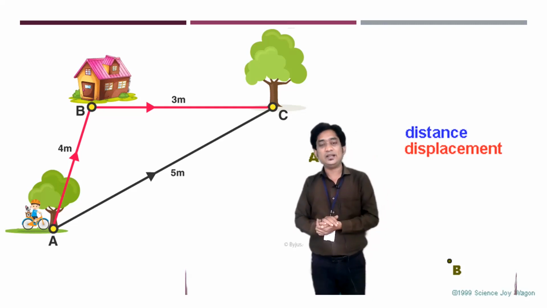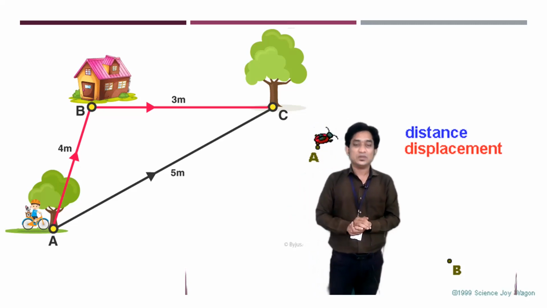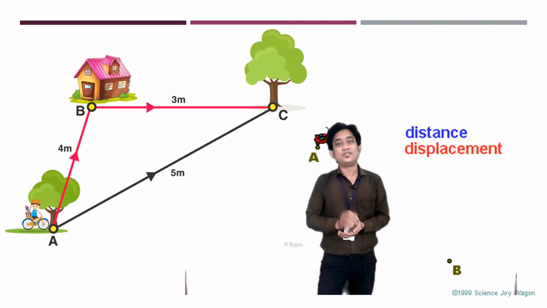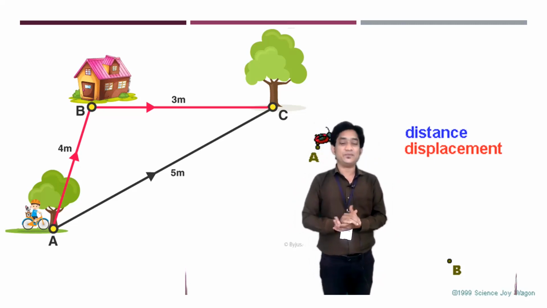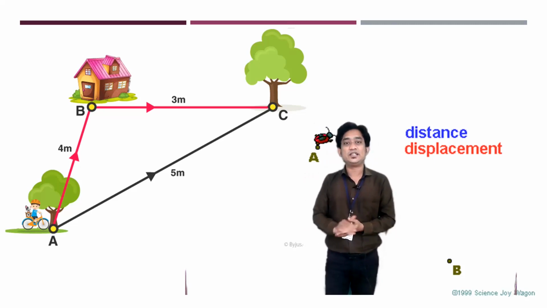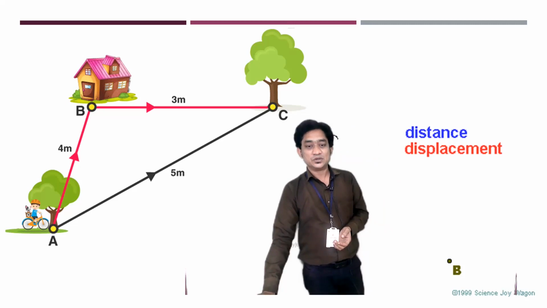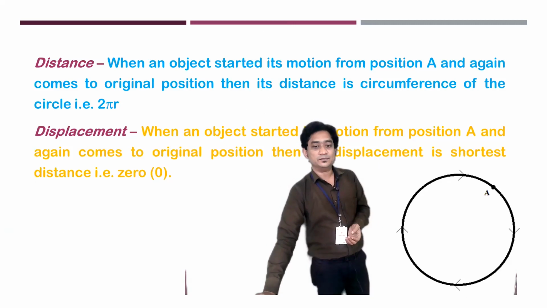Now, is 5 meter shorter or 7 meter? 5 meter. Because of that, in this figure, displacement is 5 meter. So this is the difference: distance is 7 meter and displacement is 5 meter. Once again, the SI unit for both distance and displacement is the same, that is meter, denoted by the symbol m.